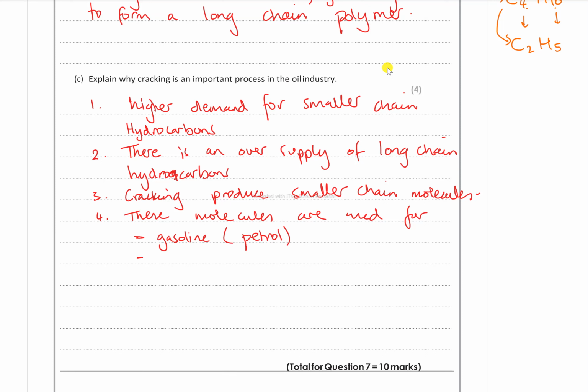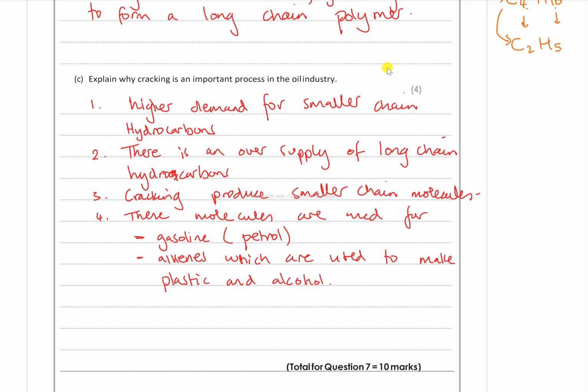It also produces alkenes, which are used to make or manufacture plastic and alcohol. Not the one that you can drink. Plastic and alcohol. What else would there be?